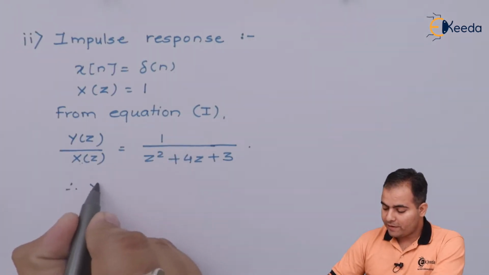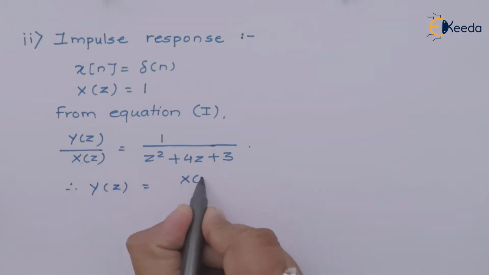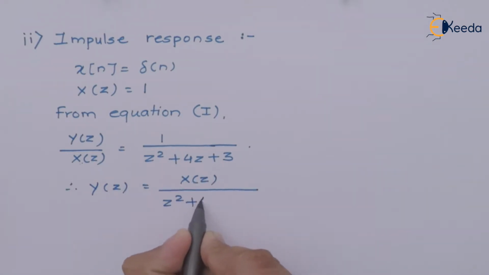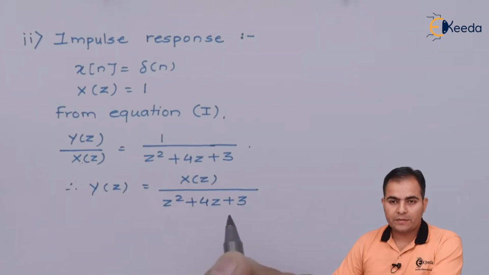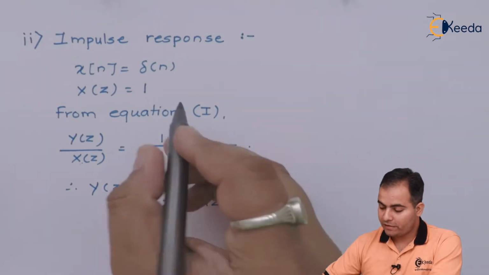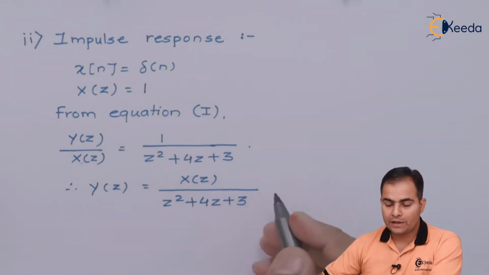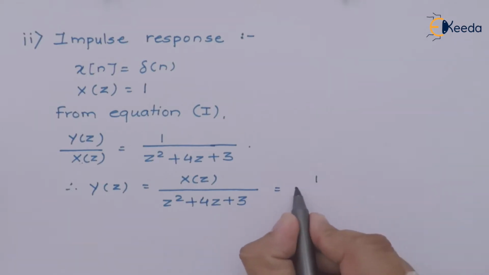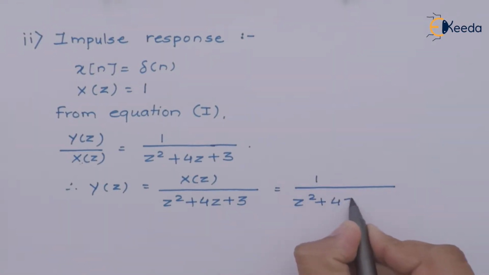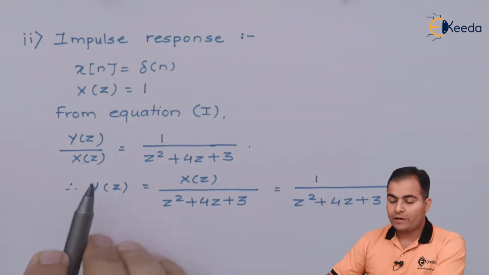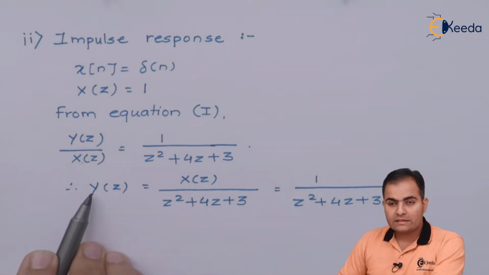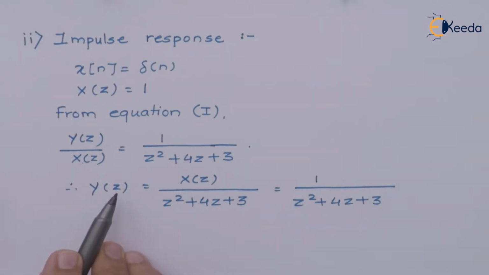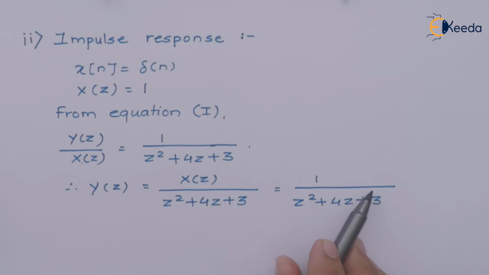So your Y of z becomes, now substitute my X of z value in this function. My X of z value is 1, so I'm going to substitute over here. What we want, the impulse response, is the inverse Z transform of Y of z. But we cannot apply the inverse Z transform on the right hand side, because first of all we have to factorize this denominator.